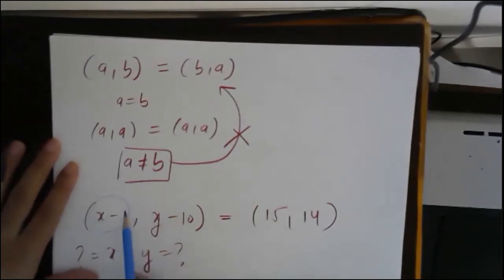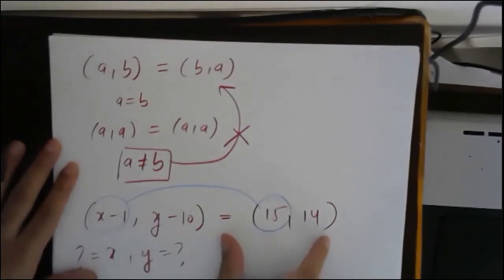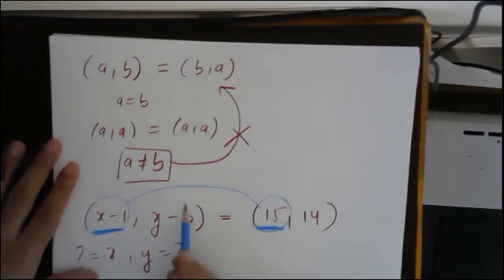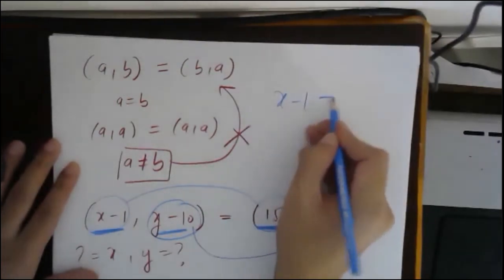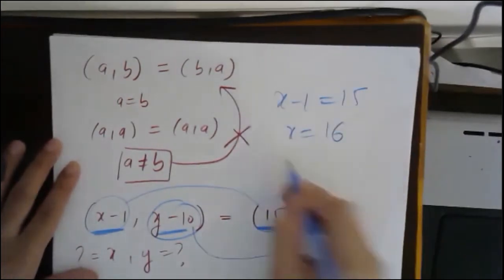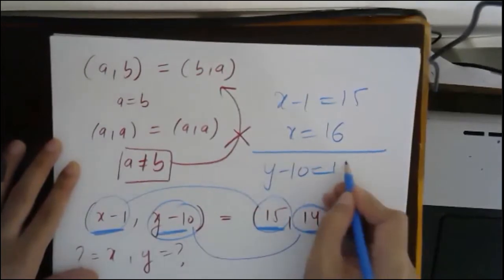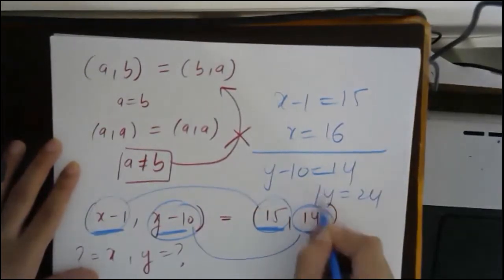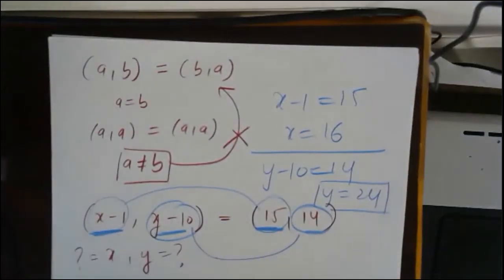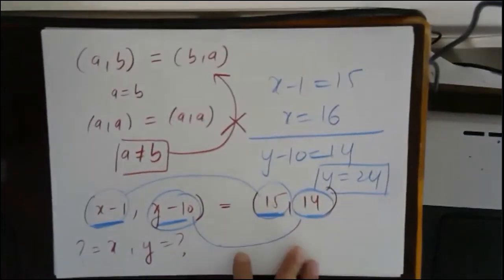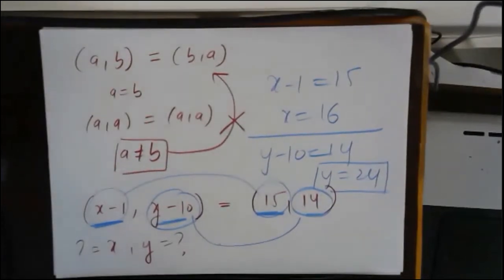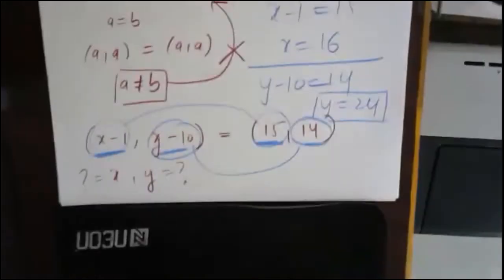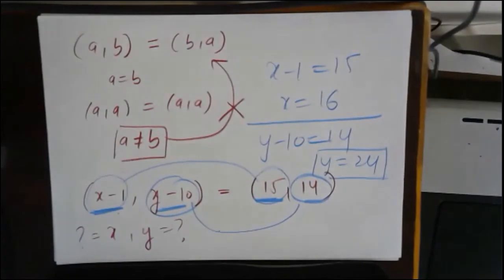So x minus 1 is 15; if they are equal, the first part should equal 15 and the second part should equal 14. So x minus 1 equals 15 gives x equals 16, and y minus 10 equals 14 means y equals 24. Right, very good. So you have understood this part about ordered pairs.